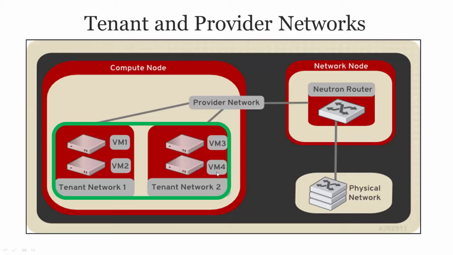Then the virtual machine needs to connect to the external network. For this purpose, we can use a provider network. Using a provider network, the virtual machine can connect to the Neutron router. The Neutron router needs to be connected to the physical network, and this physical network will transfer the packets to the external network, such as internet access.